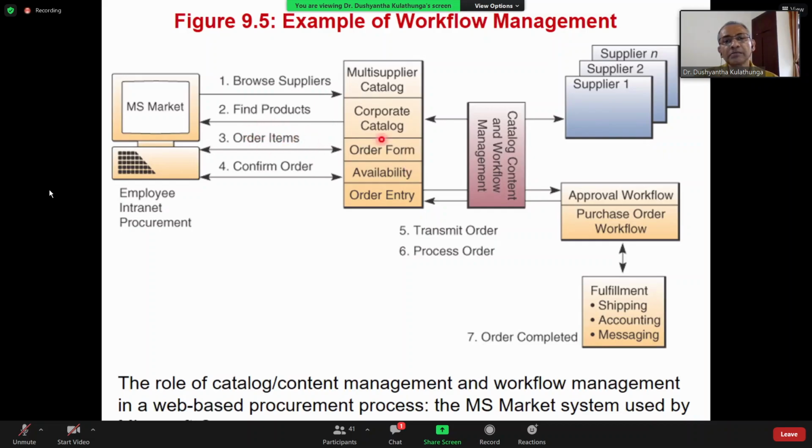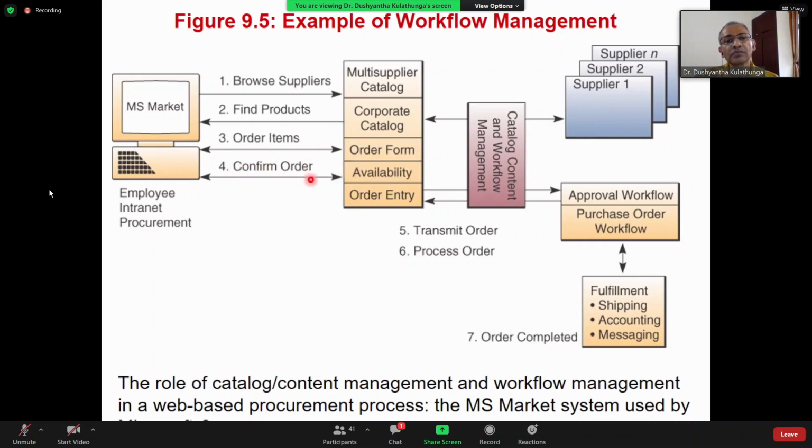For order item, you may enter the relevant details into an order form. And before confirming the order, you may check the availability also. The relevant systems may provide information related to the availability of the particular product.